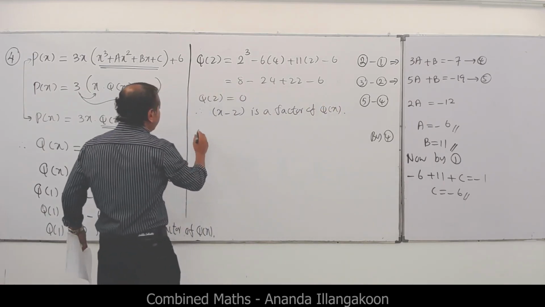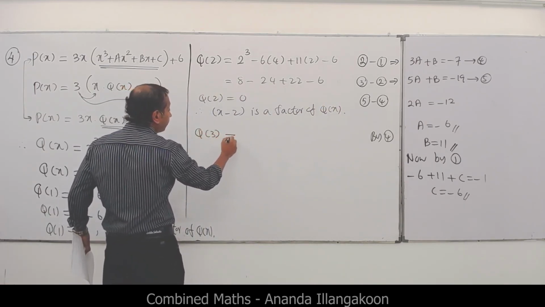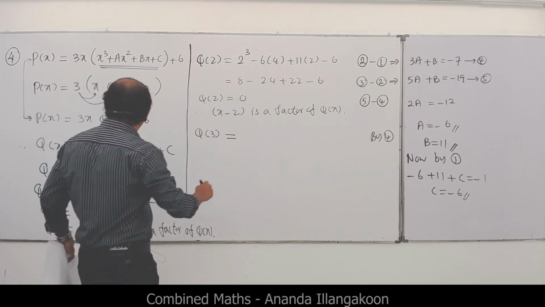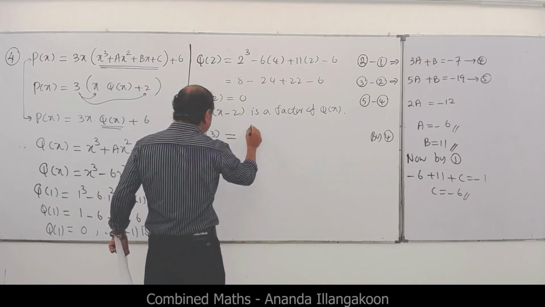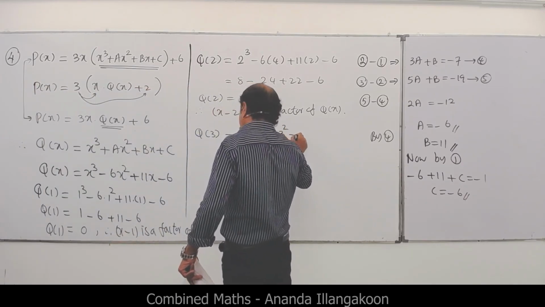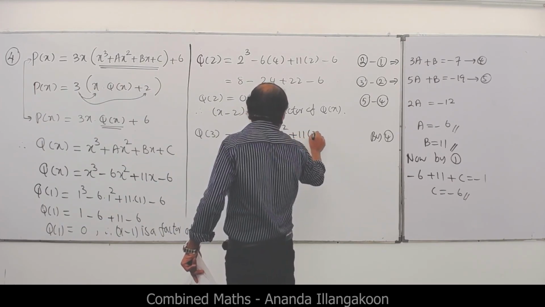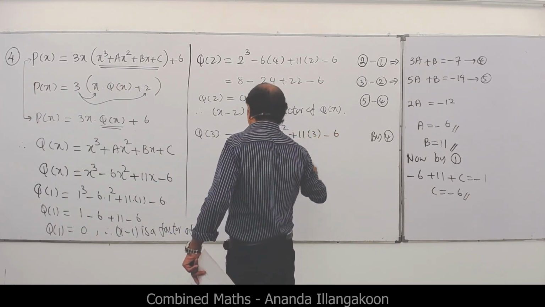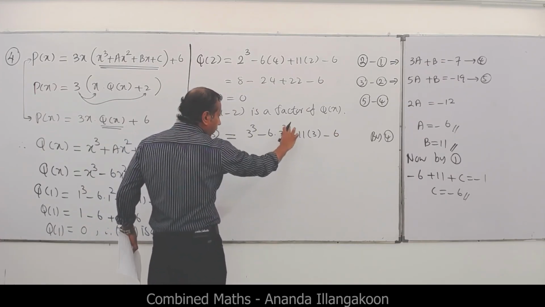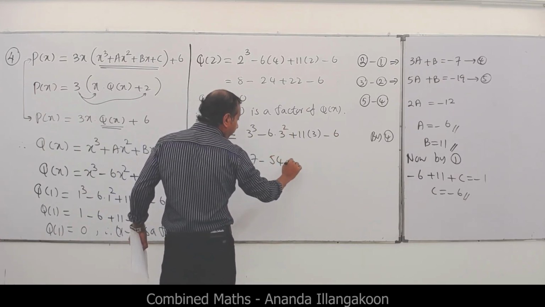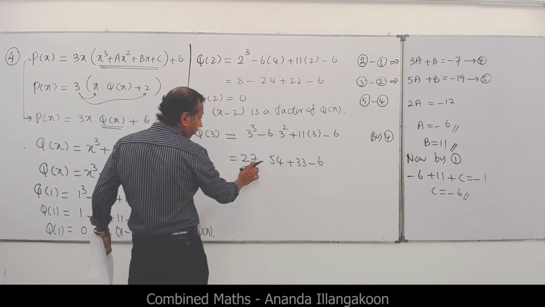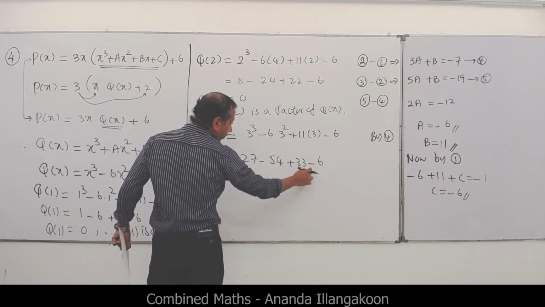Right, put x equals 3, Q3. 3 to the power 3 minus 6 into 3 squared plus 11 into 3 minus 6. Here 27, minus 54, plus 33, minus 6. 27 plus 33 is 60, minus 54 minus 6 is minus 60.